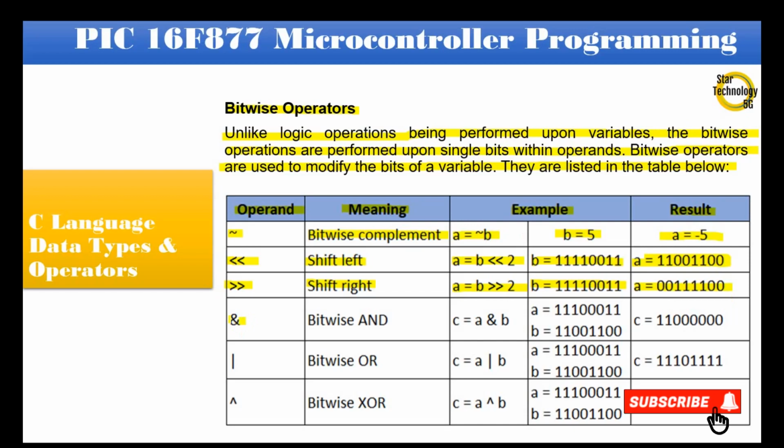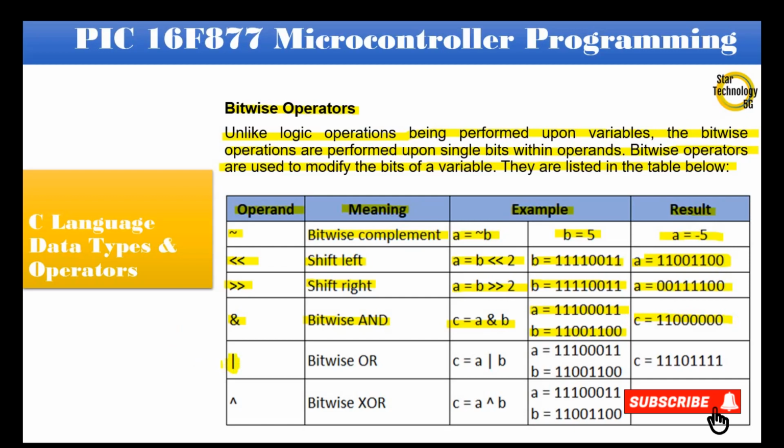Operand and, meaning bitwise AND. C equals A and B. It will perform an AND operation with A and B and store the result in C. If A equals 11100011 and B equals 11001100, result is C equals 11000000.